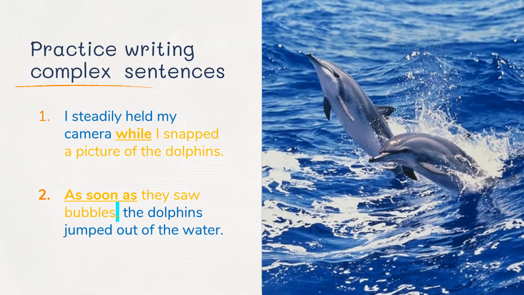In this case, my subordinating conjunction is as soon as. And again, this one's kind of signaling a time relationship, right? As soon as this happened, this happened. Okay? All right, so as soon as they saw bubbles, the comma, the dolphins jumped out of the water.